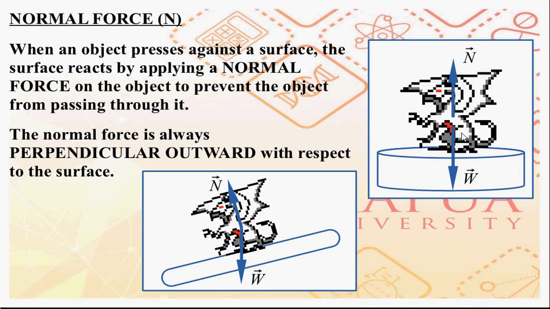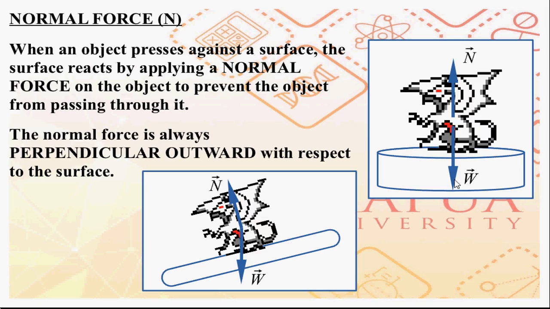The normal force is always perpendicular with respect to the surface upon which the object is pressing into. So if the surface is horizontal, perpendicular to horizontal is vertical, so the normal force is vertical. And it is always outward from the surface so as to prevent the object from passing through.